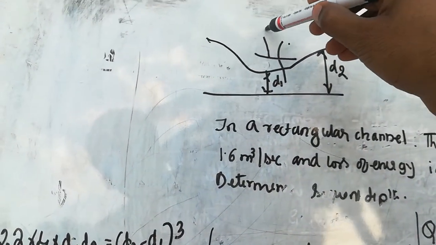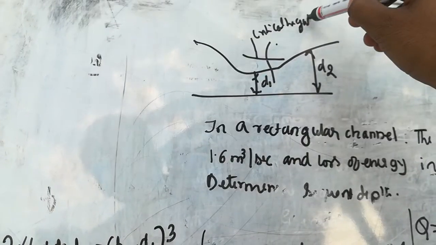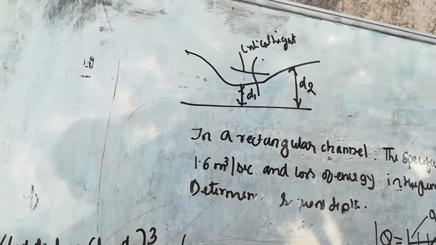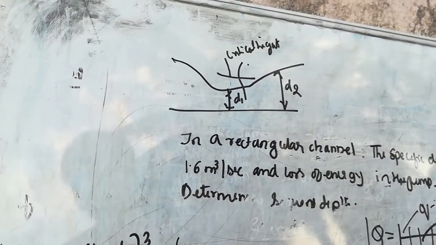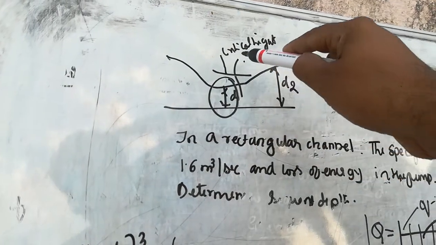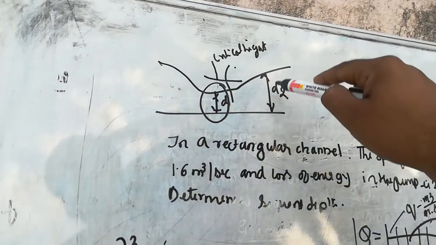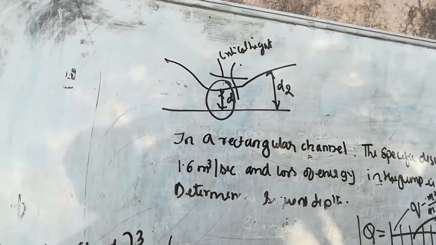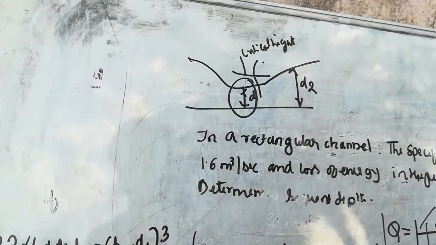This depth we call d1 and this depth d2. The flow is unstable and tries to become stable, and that process in a very short distance is called a hydraulic jump.